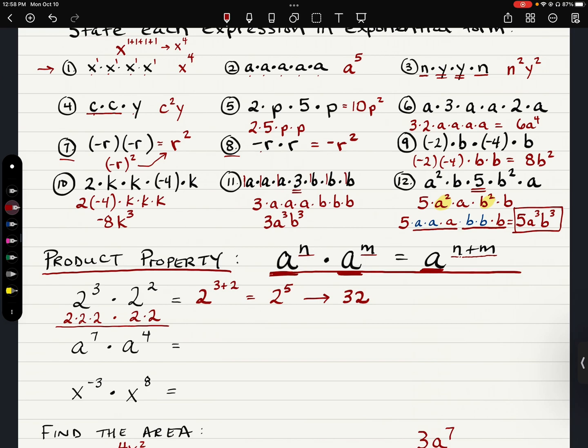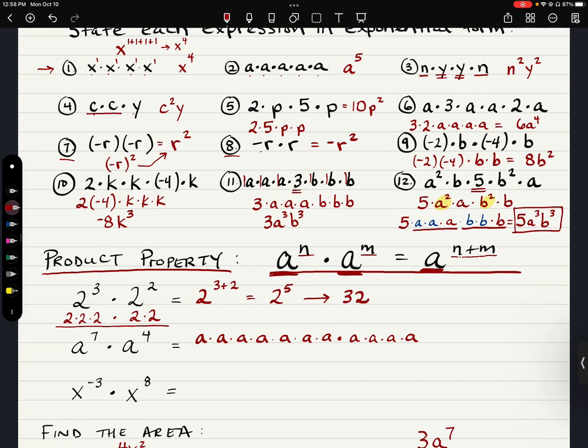A to the seventh times a to the fourth. Nobody wants to write out a times a times a times a times a times a times a, and then do it again, times a times a times a times a. Well, that's no fun to do.